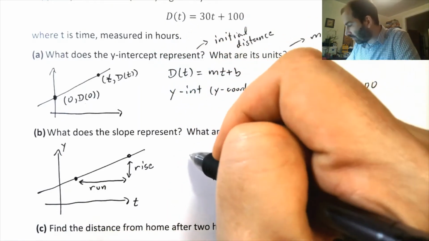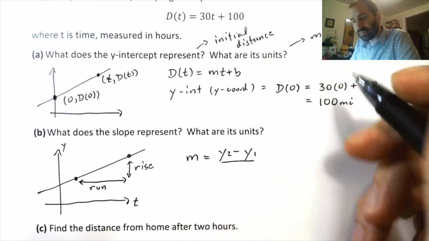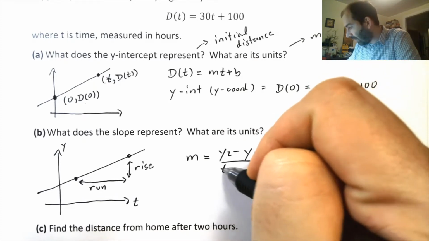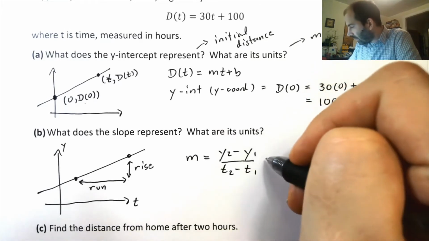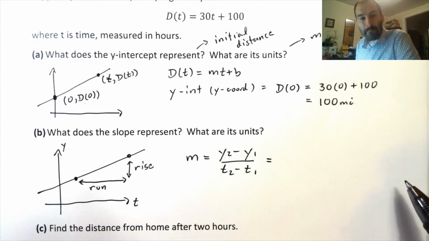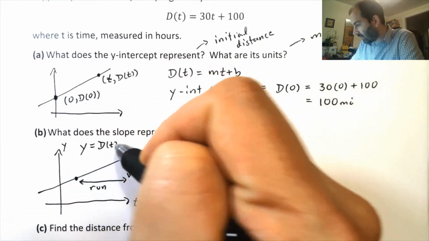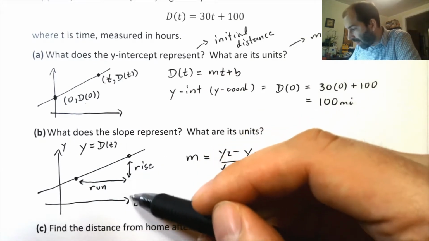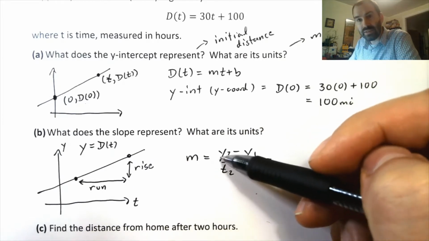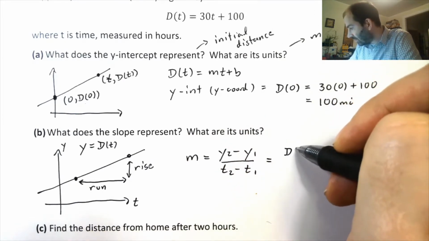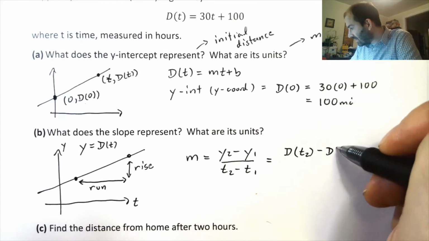So remember, the slope is y2 minus y1 divided by x2 minus x1, except here we have t2 minus t1. Well, how do I get the y values? Remember that when I graph a function, we're graphing y equals the function value. The height, in other words, the y value of every point is the value of the function. So these y's are actually the d's. y2 is d of t2, and y1 is d of t1.